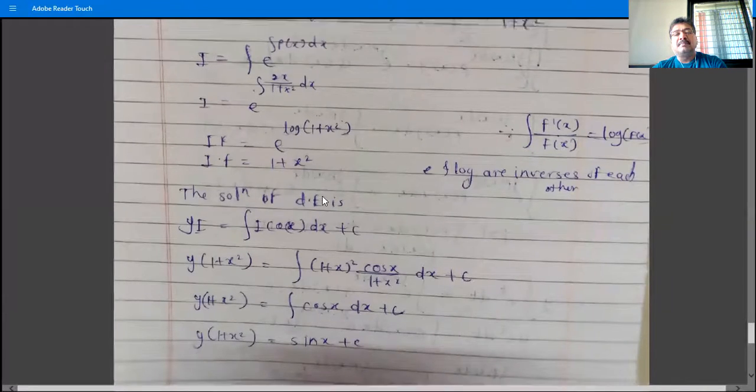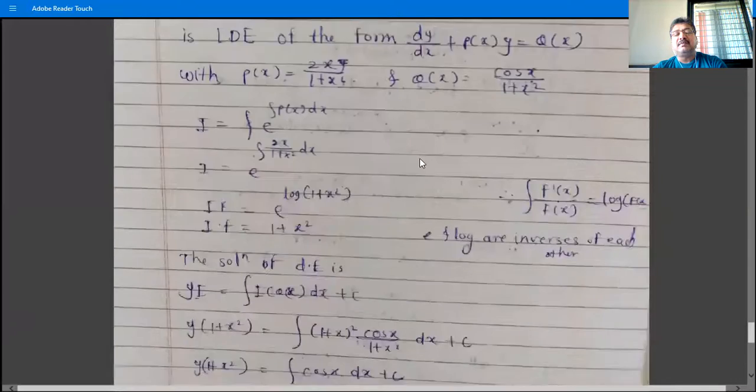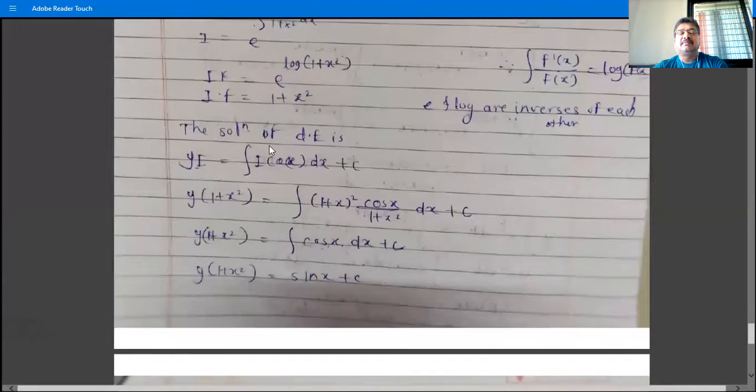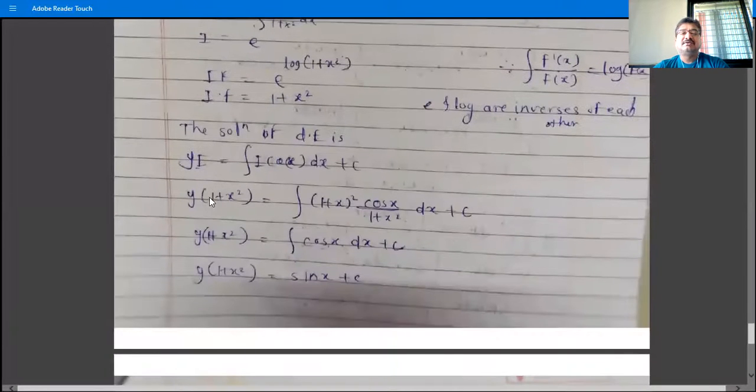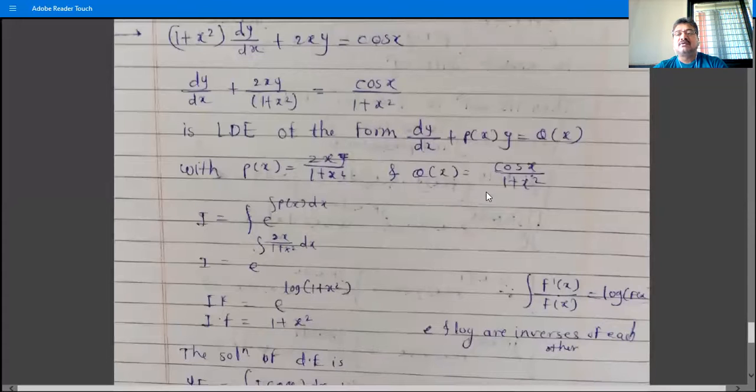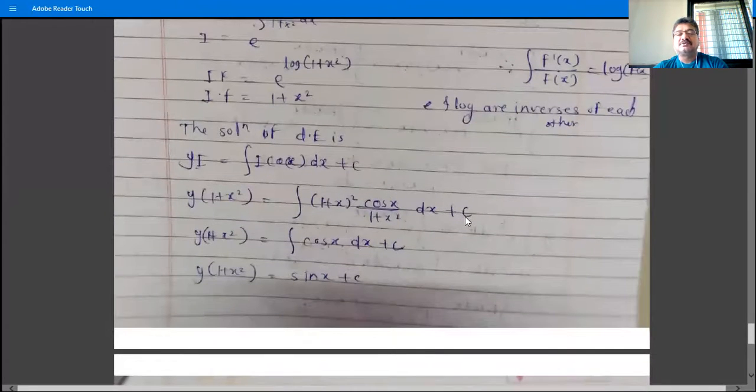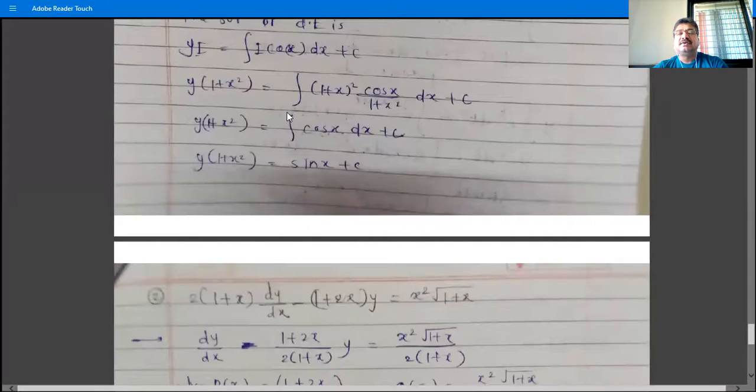And then the general solution of the given differential equation is, what is the formula? yI is equal to integration I into Q(x) dx plus c. So write that formula and substitute the value of I, that is 1 plus x square. y(1 plus x square) is equal to integration of (1 plus x square), value of Q(x) is cos x divided by 1 plus x square, dx plus constant. 1 plus x square get cancelled, so integration cos x dx, and the integration of cos x is just sin x.